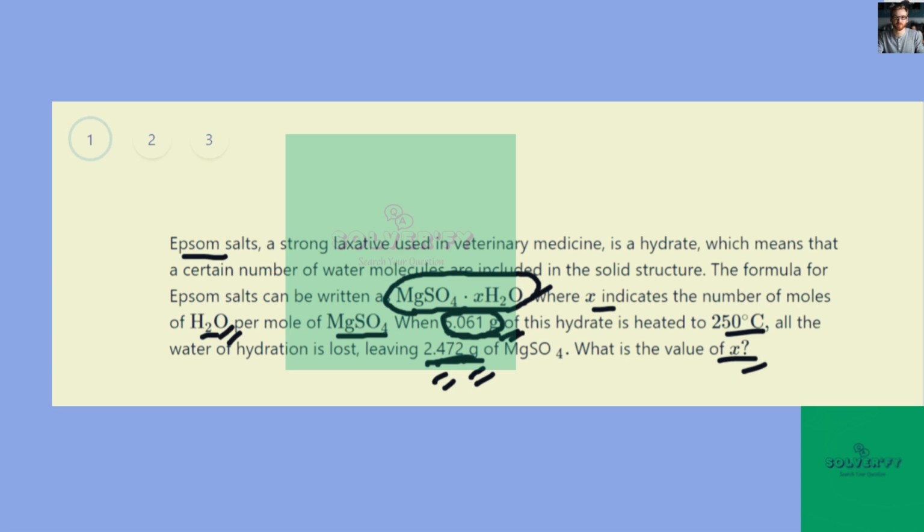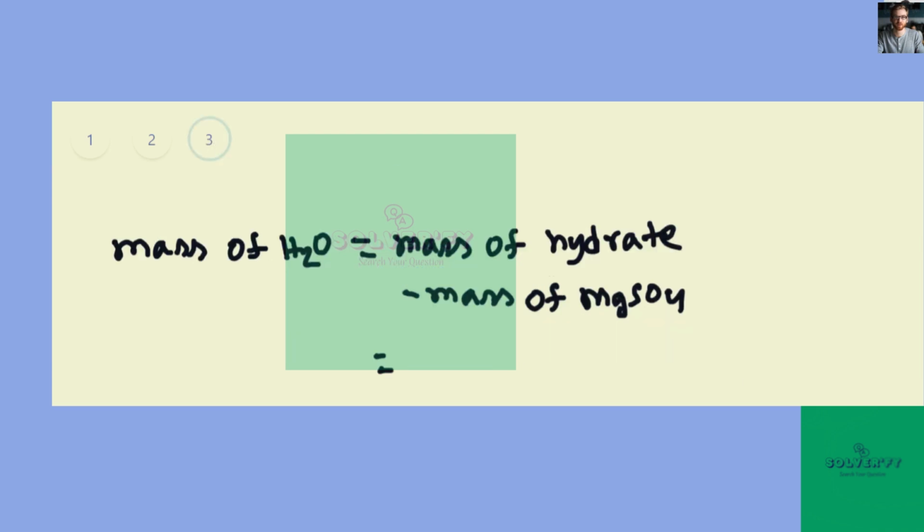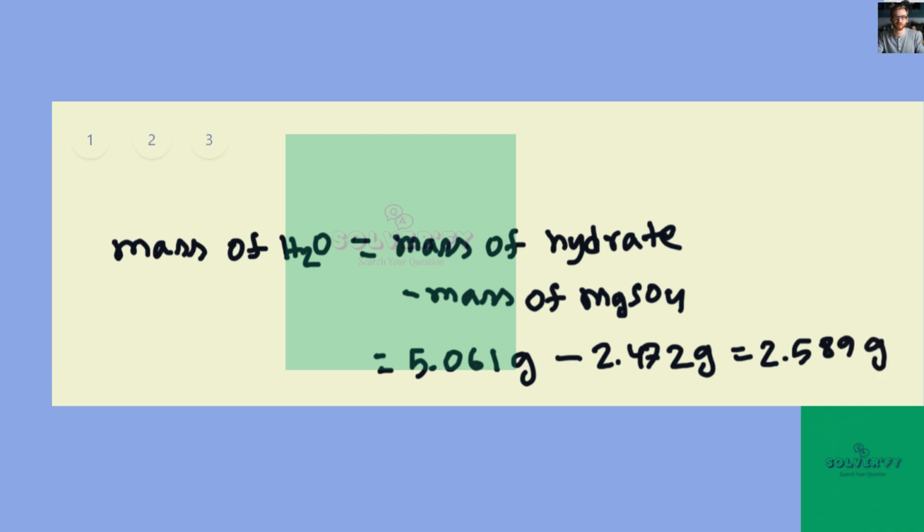So our mass of hydrate here is 5.061, and our mass of magnesium sulfate is 2.472. So we write 5.061, which is the mass of hydrate, minus the mass of magnesium sulfate, which is 2.472 gram, and this will give us a value of 2.589 gram, which is the mass of H2O here.